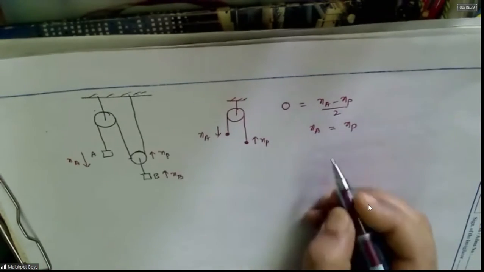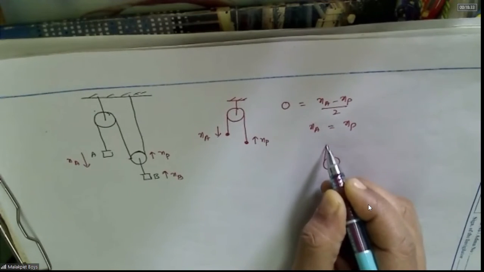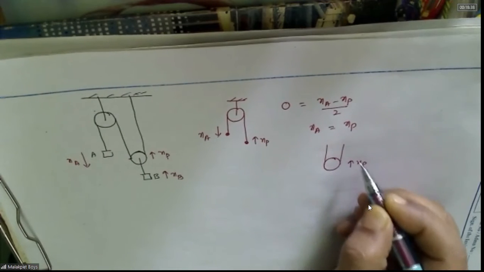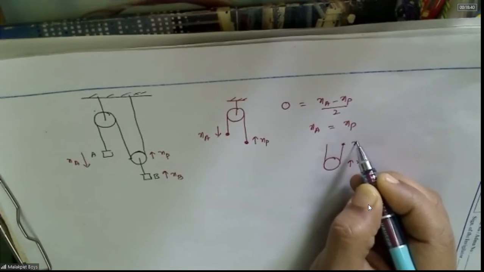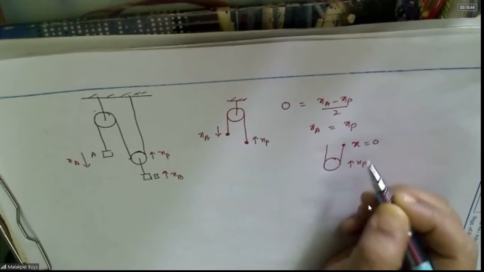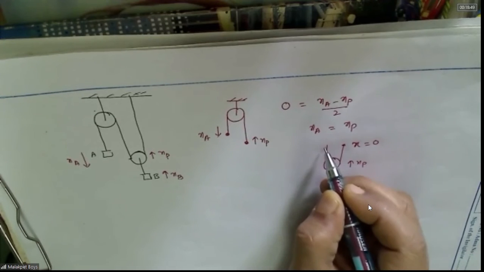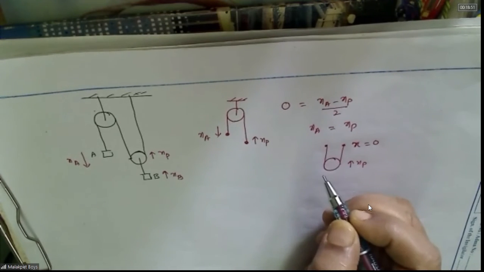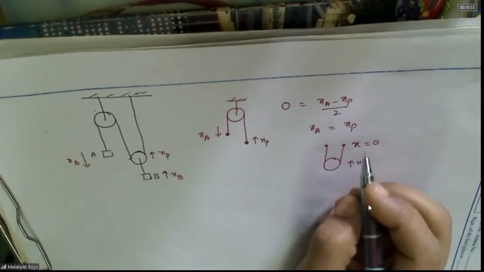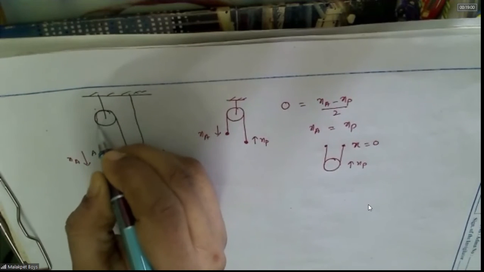Now come back to this. This is XP. This velocity is 0, no? When this comes like this, all points should have same displacement, no?